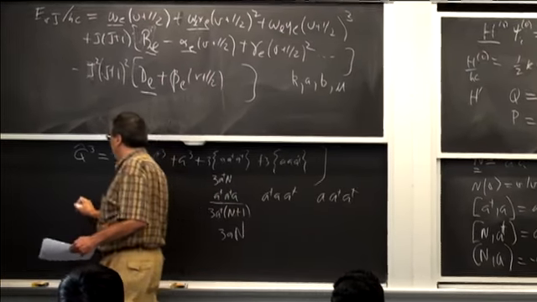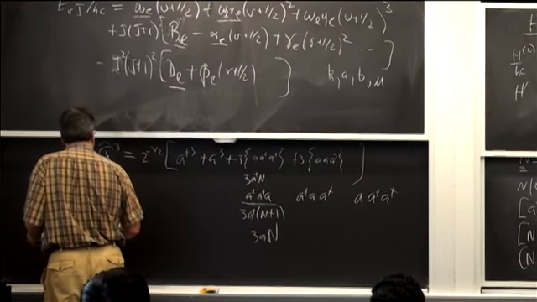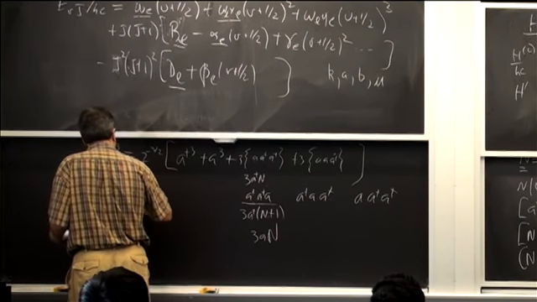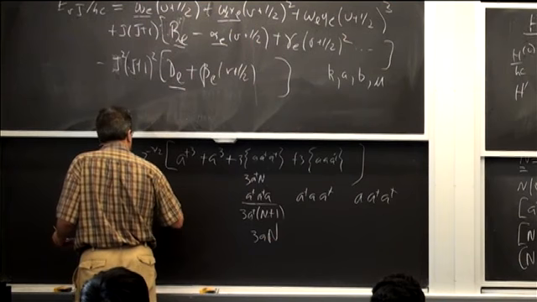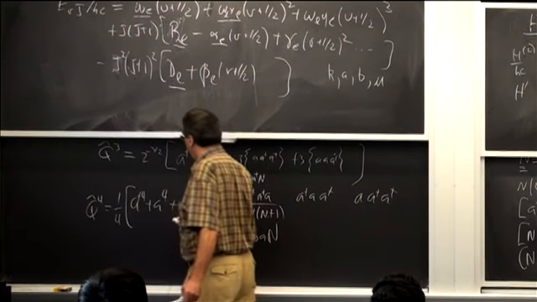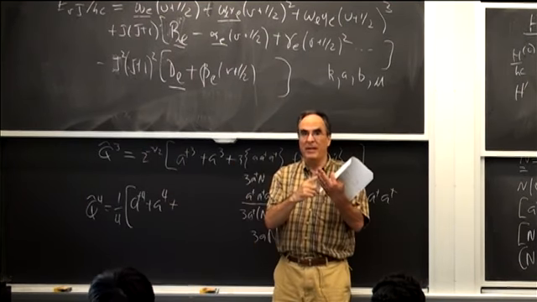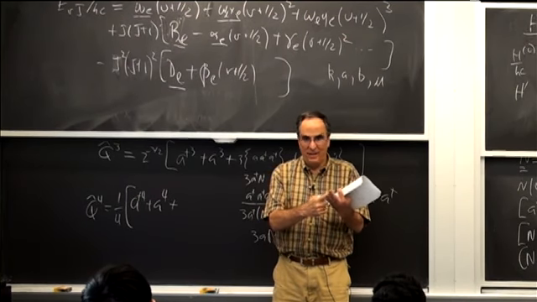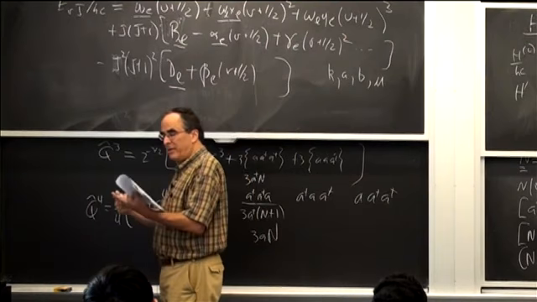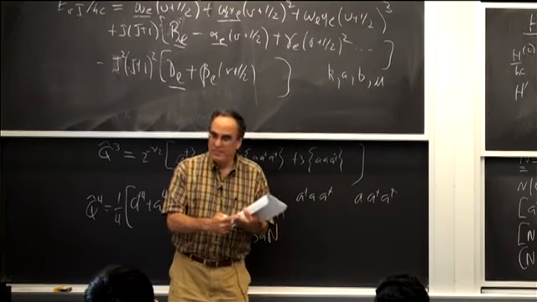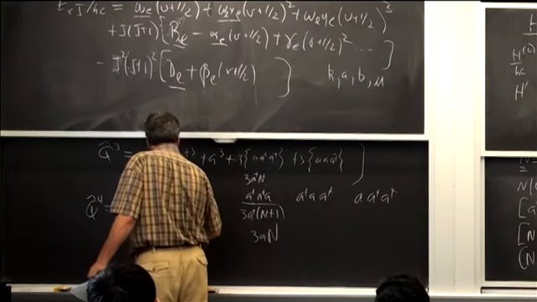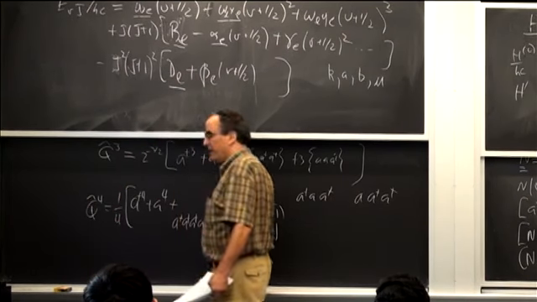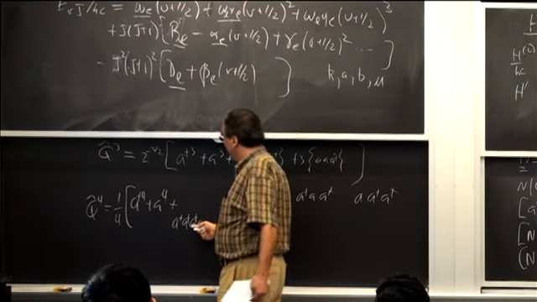And so similarly for Q4, one has 1/4 times A dagger to the 4th, A to the 4th. And then we're going to have one term that has one more dagger than not, I'm sorry, we're going to have A dagger, A dagger, A dagger, A, two more daggers than not.